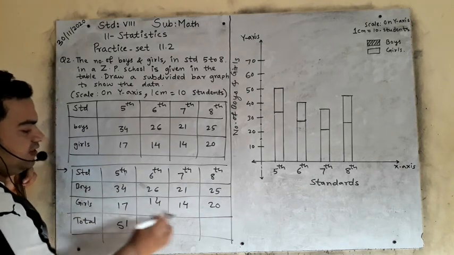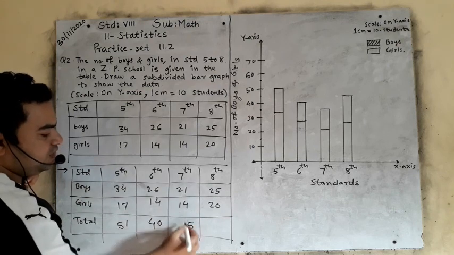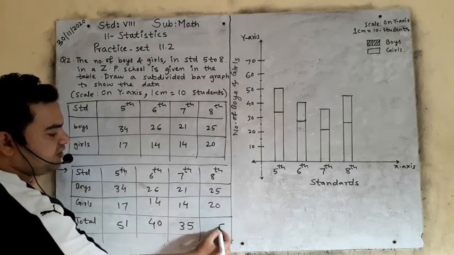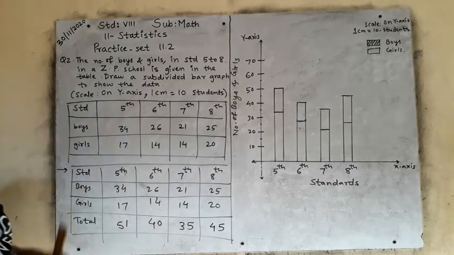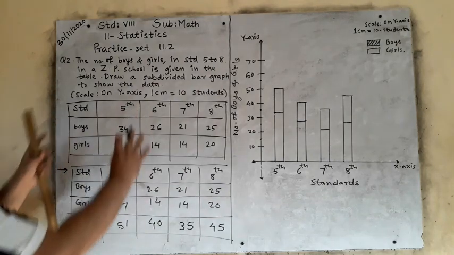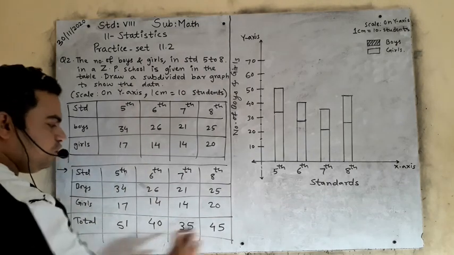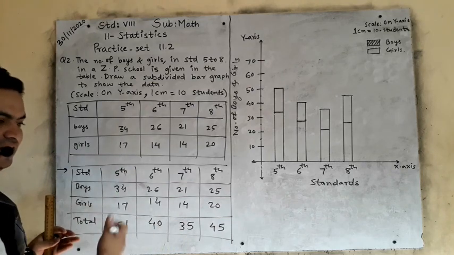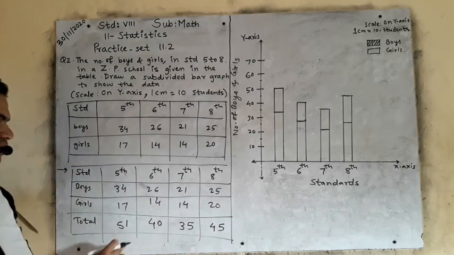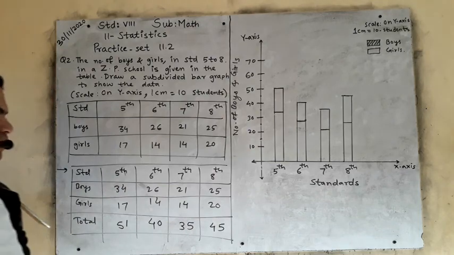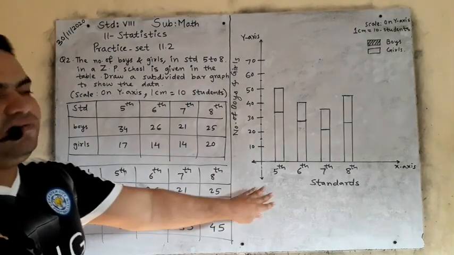Is it clear? Now see here, 1 and 4 is 5, 2 and 1 is 3, so 35. This is 5 and 2 and 2 is 4, so 45. I hope you understood. First you will copy the table as it is, then increase one row, that is the total of each class, each standard, and then draw the subdivided bar graph.